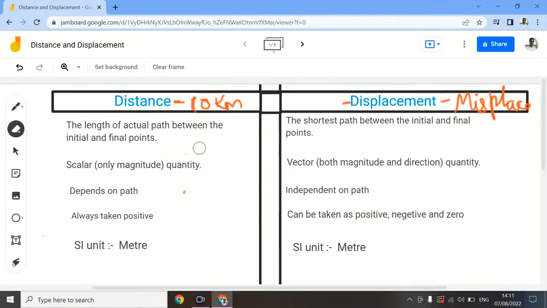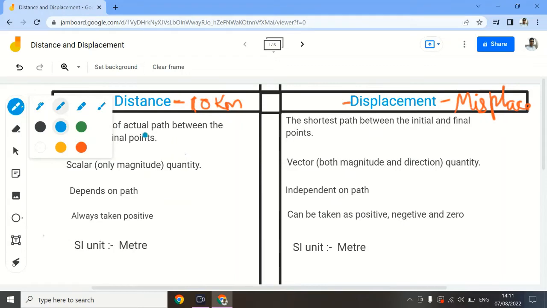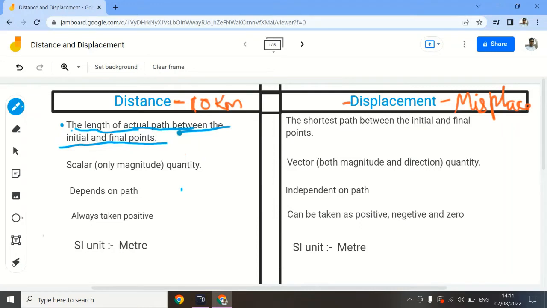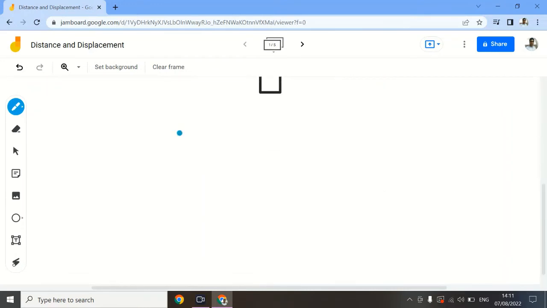We are going to start with the first point, which is distance. What does the first point say? The length of the actual path between the initial and the final points is distance. Let me give you an example.